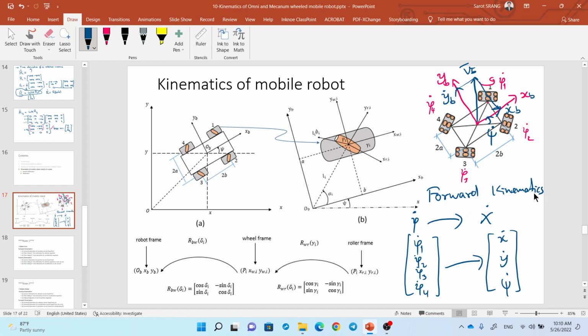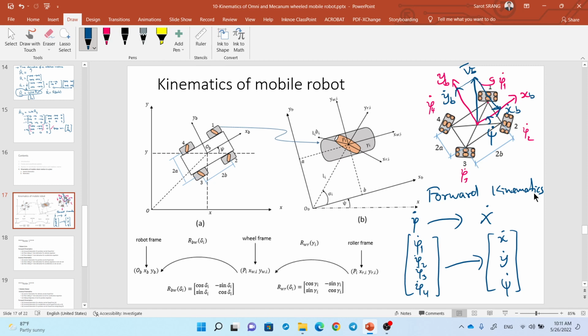Okay, then you think in another way. Let's say I want the robot to perform some task. I want it to move from here to there with this velocity and with the angular velocity psi dot.